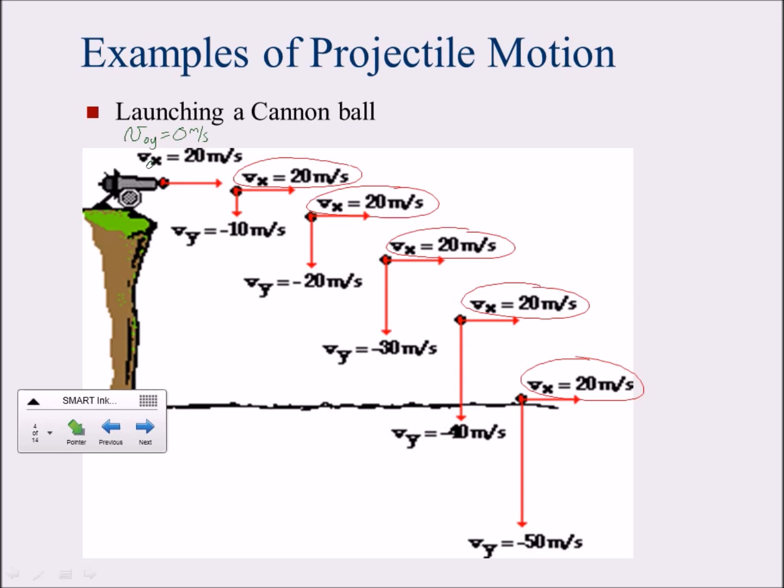And a little over 1 second later, it goes from negative 10 meters per second to negative 20 meters per second in the y direction. And then it's negative 30, and then it's negative 40 meters per second, and then it's negative 50 meters per second. In the vertical direction, the velocity is changing. That's what it means to say that it has an acceleration of negative 9.8 meters per second squared in the y direction.